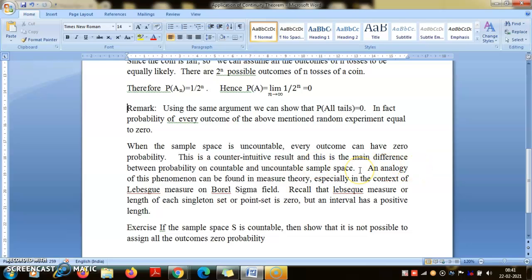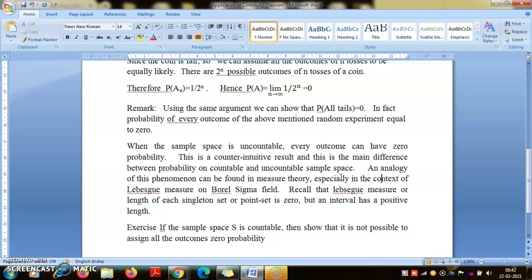Now this phenomenon has an analogy in measure theory. If you recall what a Lebesgue measure is, the Lebesgue measure generalizes the notion of the length of an interval. You remember what is the Lebesgue measure of a point set or a singleton set? That is 0. In fact, the Lebesgue measure of any finite set is 0.